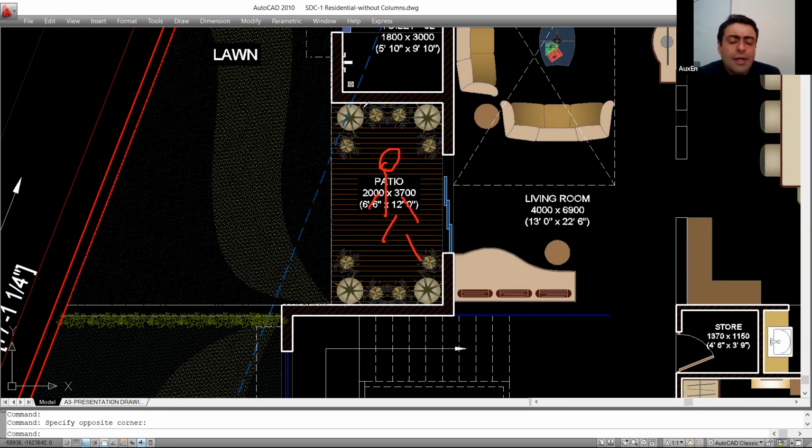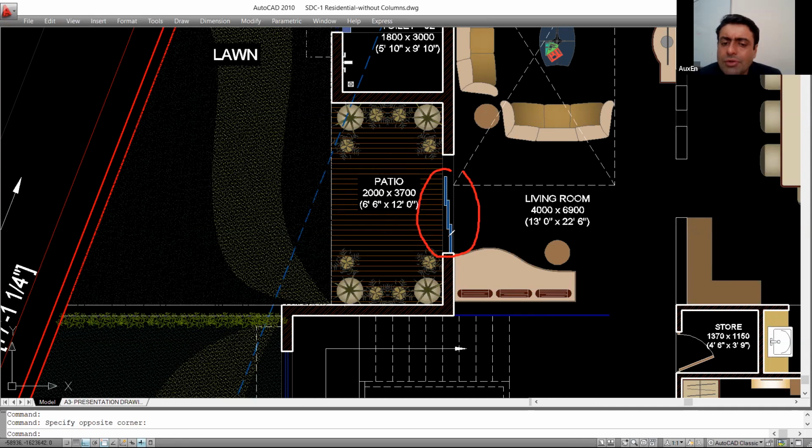All right. Very good. What does this indicate? These three blue lines, what do they indicate? So these are rolling doors, rolling shutters, 3-panel shutter, sliding shutter, whatever you want to call it.